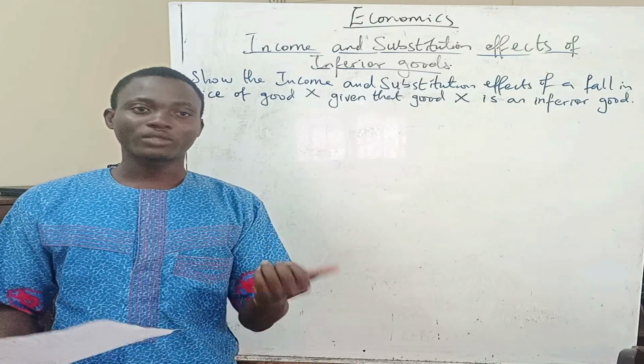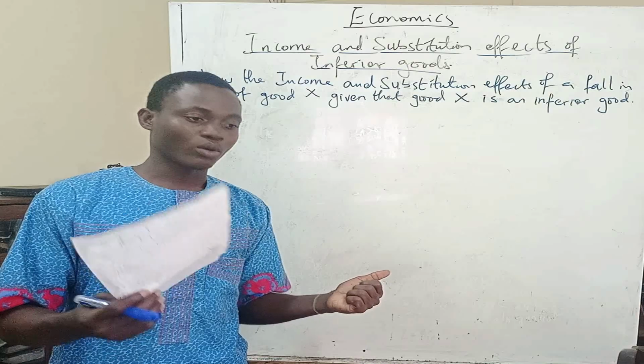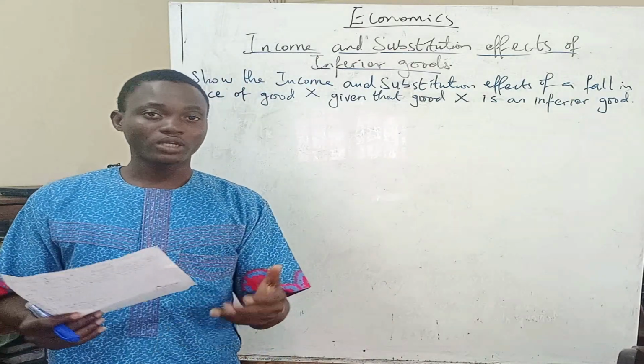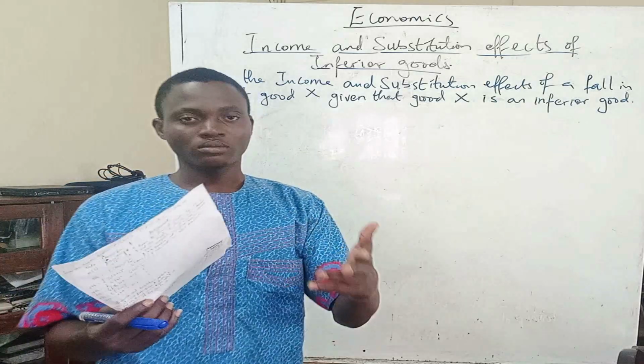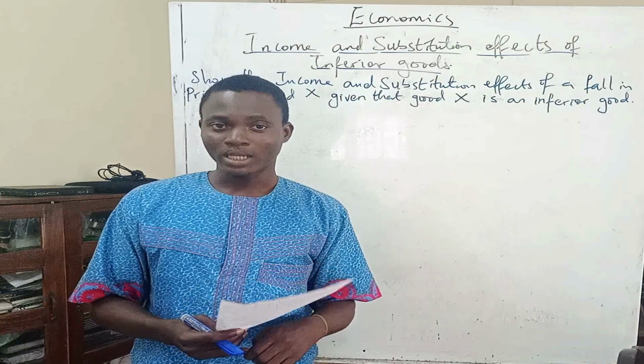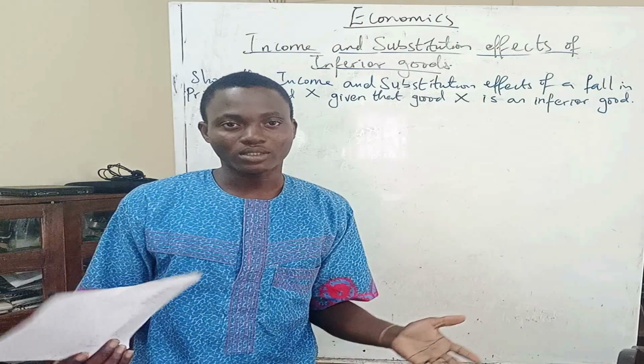Now the income effect is just saying what happens to you when your real income changes. When there is an increase in price, that reduces your purchasing power to some extent, depending on how great the increase in price was.